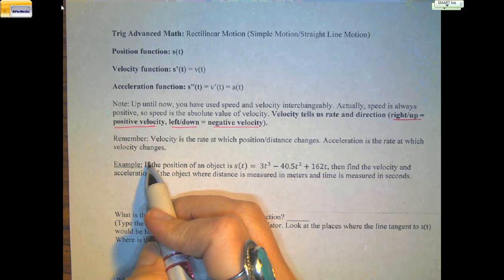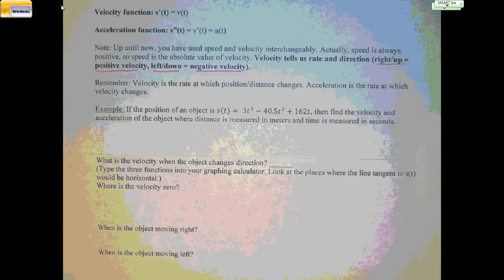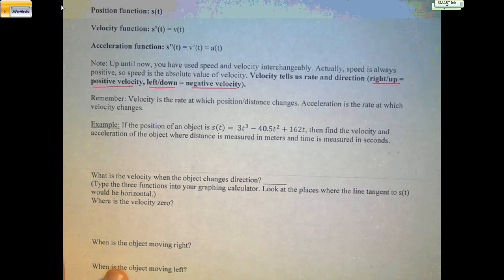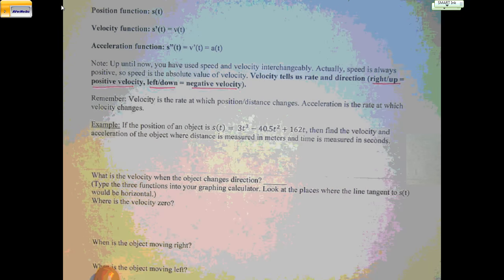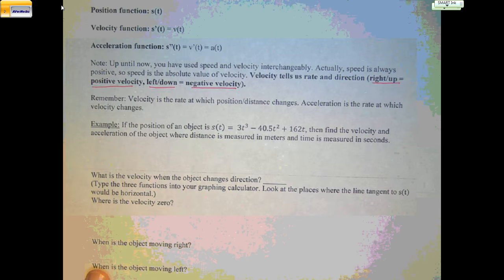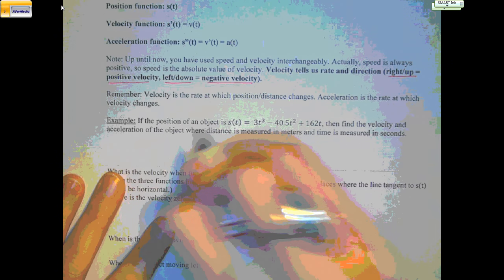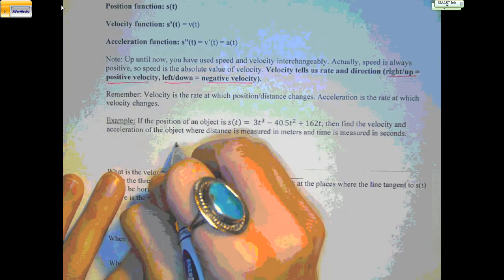So here's our example. If the position of an object is given by the equation here, then find the velocity and acceleration of the object where distance is measured in meters and time is measured in seconds. They just wanted the velocity and acceleration. Well, we just learned velocity is what? How do I get it? Derivative.